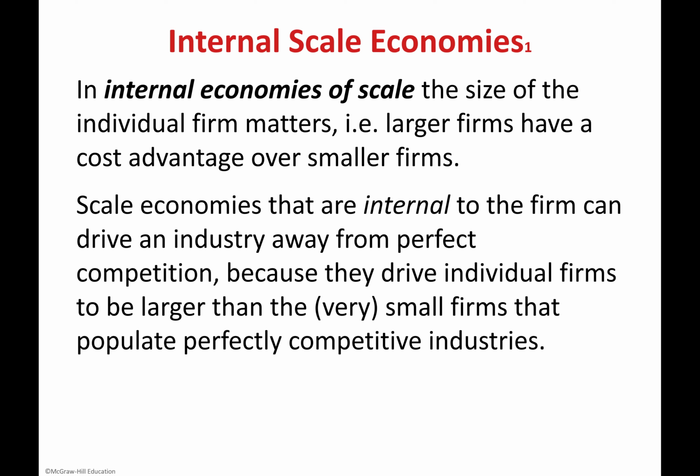This is clearly a different industry structure from perfect competition. So these are scale economies that derive from the size of the firm. So if these are things like fixed costs, then the bigger the firm is, presumably the more it produces, and therefore the lower its average costs are going to be.